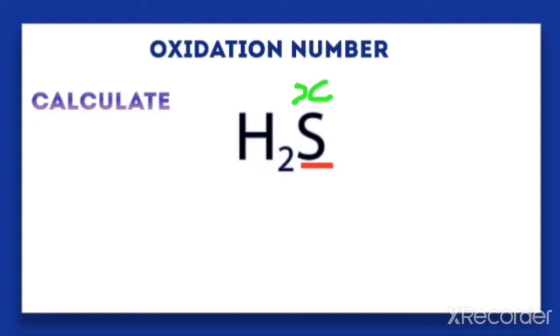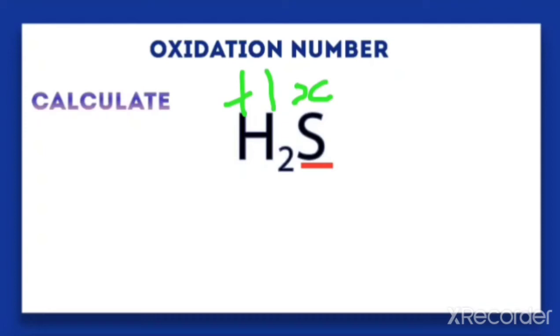And what is the oxidation state of hydrogen? We have learned that hydrogen usually exhibits +1 oxidation state, except in the case of metal hydride. But this is not a metal hydride. So what is the oxidation number for hydrogen here? That is +1.